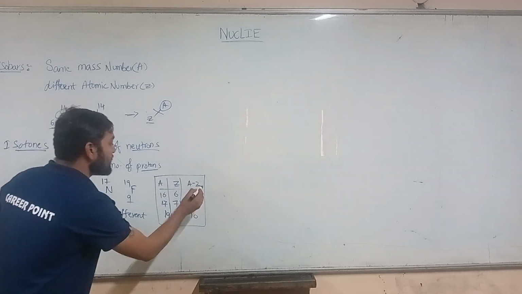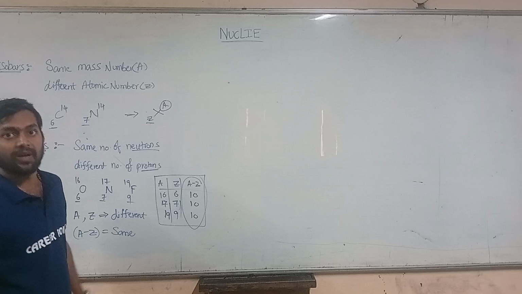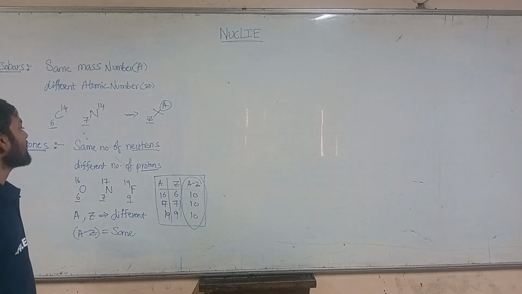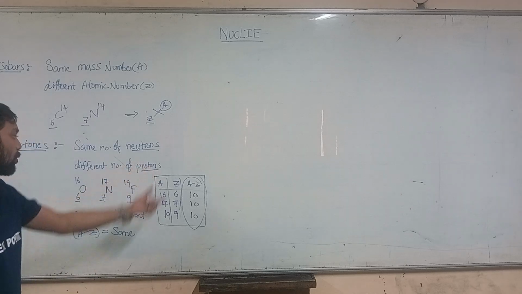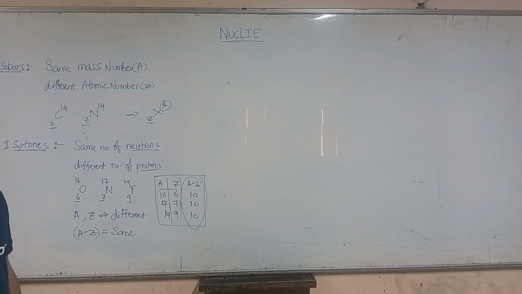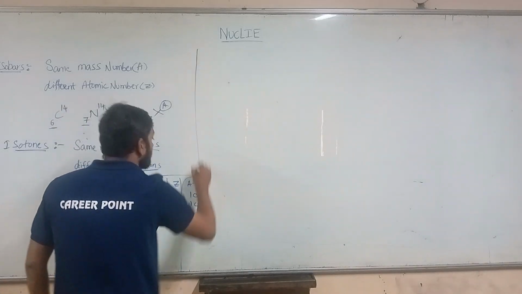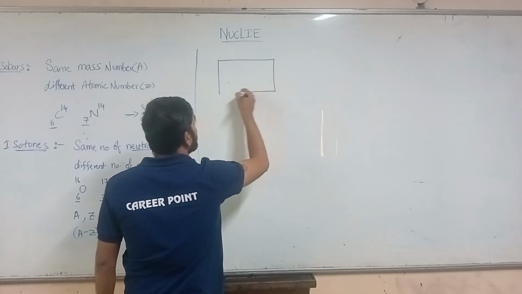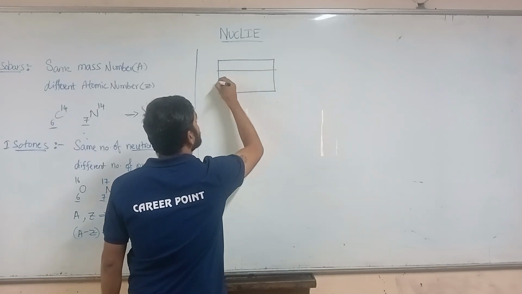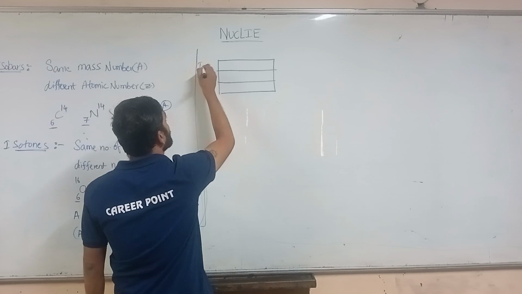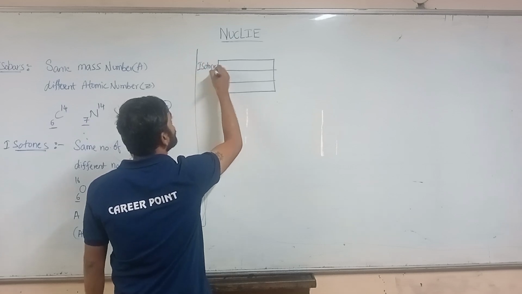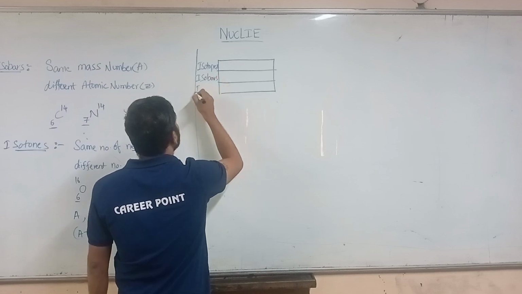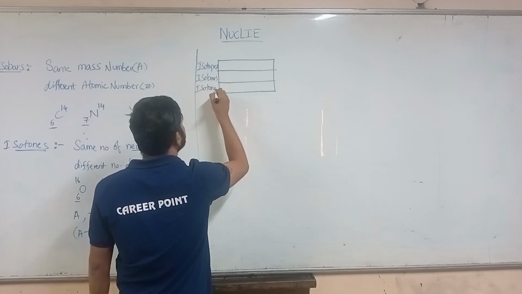Okay, so here the number of neutrons is the same. When the number of neutrons is the same but the number of protons is different, they are called isotones. To represent these three in a table, let us take a table. This is isotopes, isobars and isotones.